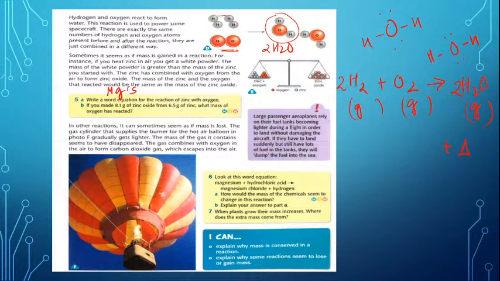When magnesium is burnt in the presence of oxygen, it is going to form MgO. But suppose you have taken only 24 gram, and after the chemical reaction the product is 40 gram. So how much oxygen was reacted in this reaction? Obviously you have to subtract 40 minus 24.